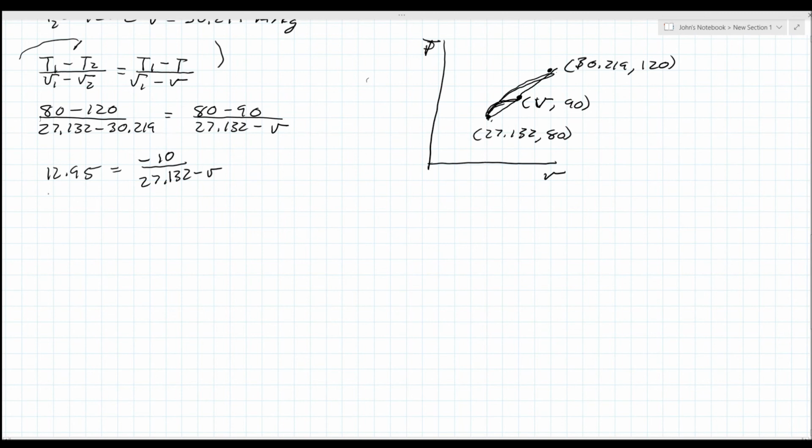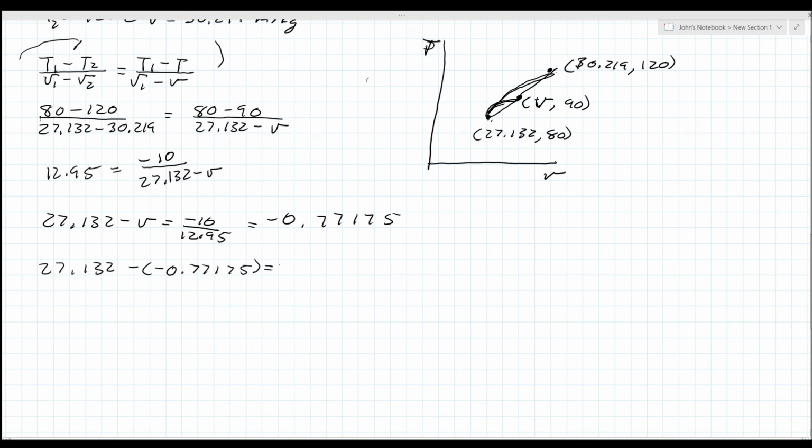So I need to solve for V. Isolate it. 27.132 minus V is equal to negative 10 over 12.95, which is equal to negative 0.77175. So I get 27.132 minus a negative 0.77175 equals V. Solve that, I get 27.90 is equal to V.